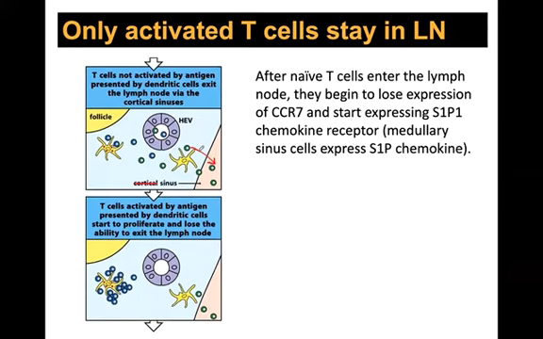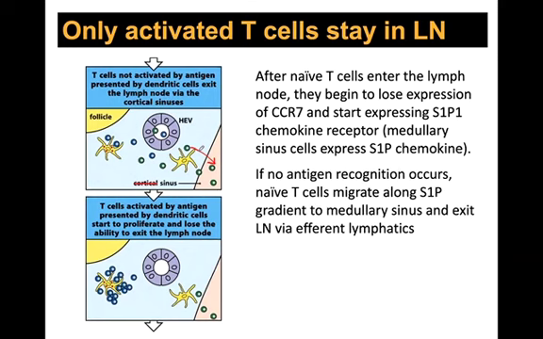Okay, so when a cell is in the blood, it's expressing CCR7 because it wants to go to a lymph node. Once it gets to a lymph node, it loses CCR7 and starts expressing the S1P1 chemokine receptor, so it leaves and it goes to the blood.